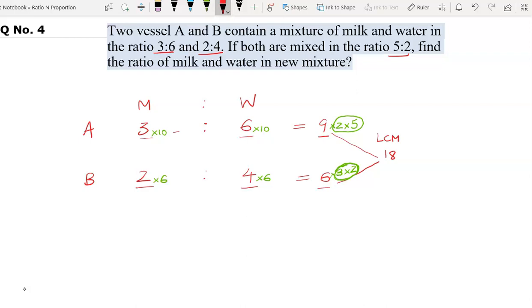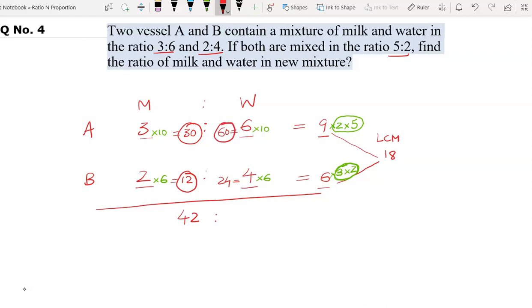Now we have 3 tens are 30, 6 tens are 60. 2 into 6 is 12, 4 sixes are 24. So in vessel A, milk is 30 and in vessel B, milk is 12. So if we add 30 plus 12 will give us 42. And in vessel A, water is how much? 60.